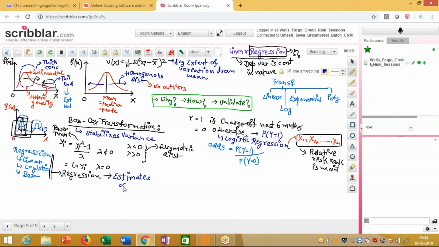It estimates causality. Now, what exactly is causality?